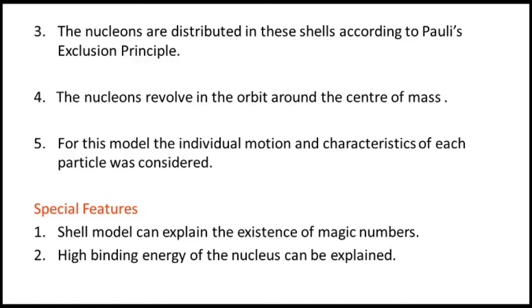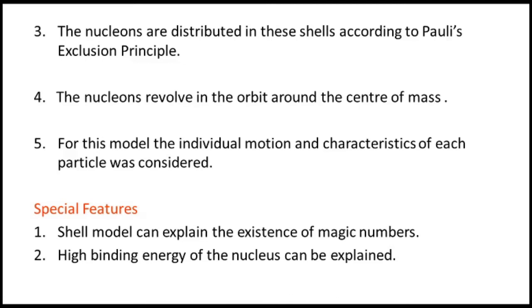In the atoms, there is a positively charged nucleus at the center and electrons are revolving around the nucleus in certain specific orbits. Now according to the shell model, the nucleus has a center of mass at the center.